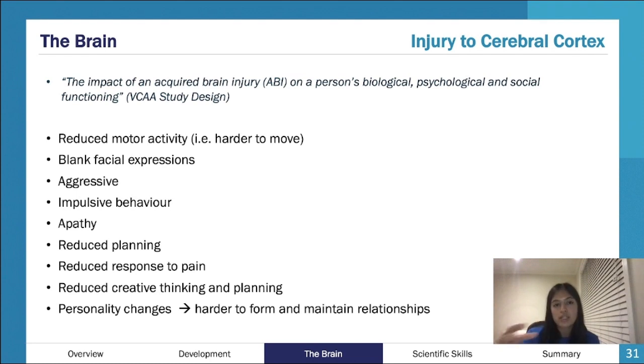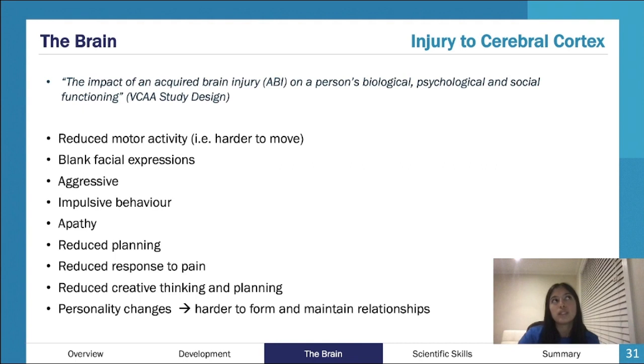Okay, so if we're thinking about brain injury, again, this is a very broad dot point. You're thinking about how a person's functioning is affected based on damage. So again, your biopsychosocial approach. You can see there's a long list here, and there's a lot of other ones involved as well.